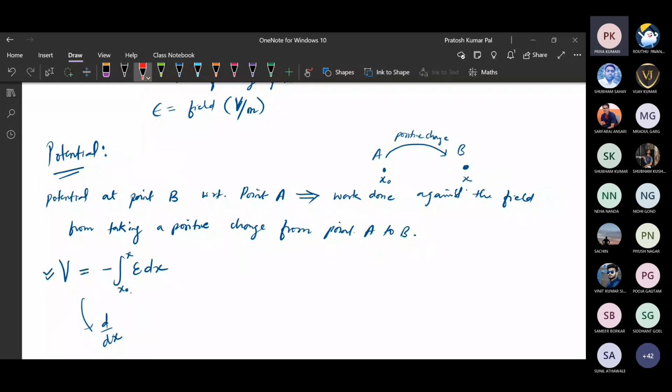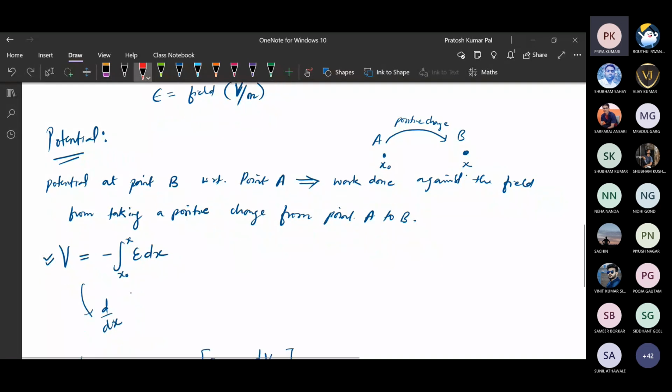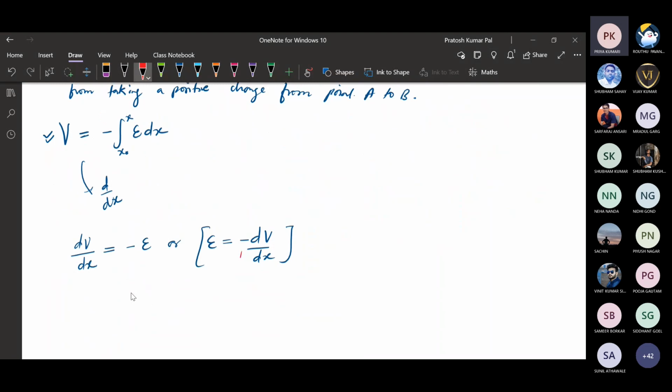Okay, so here the negative sign in this equation represents that the electric field is from higher potential to lower potential.